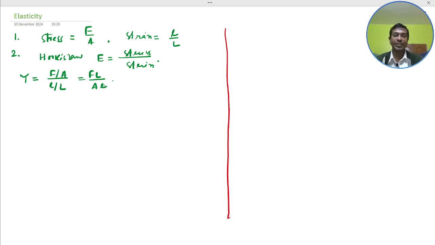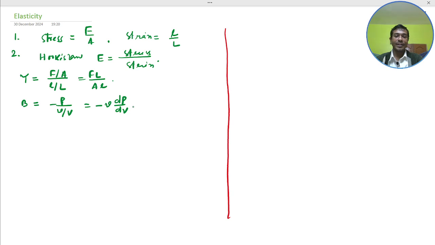Bulk modulus of elasticity B is equal to minus P by V by capital V, or written as minus V dP by dV. This is an important formula: bulk modulus is equal to minus V dP by dV.